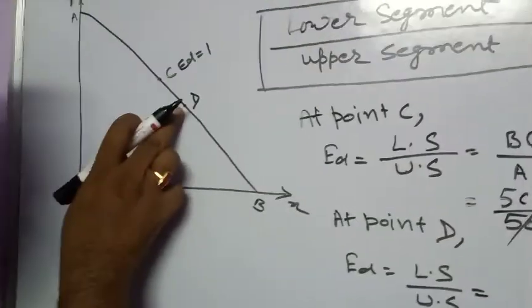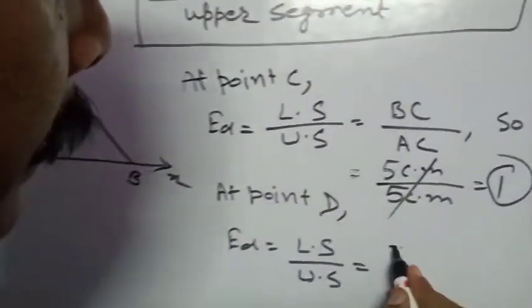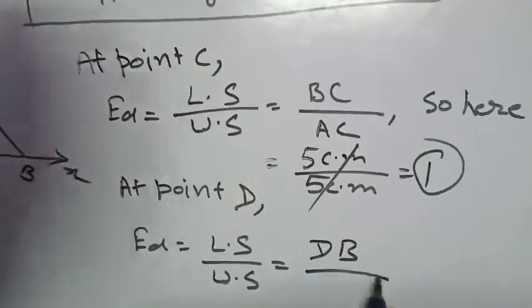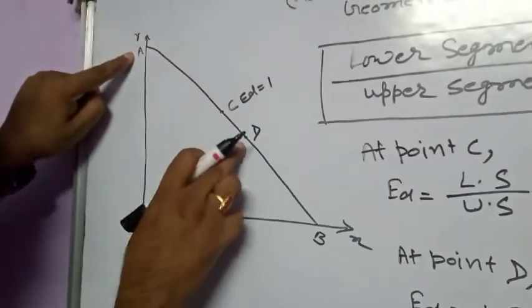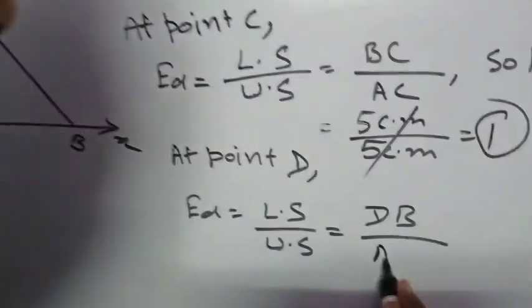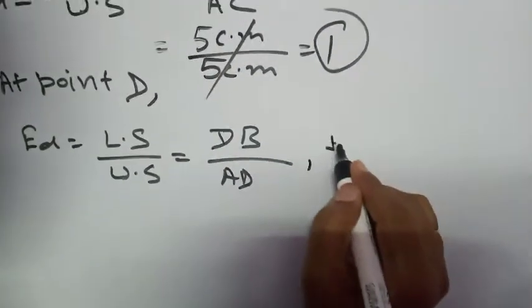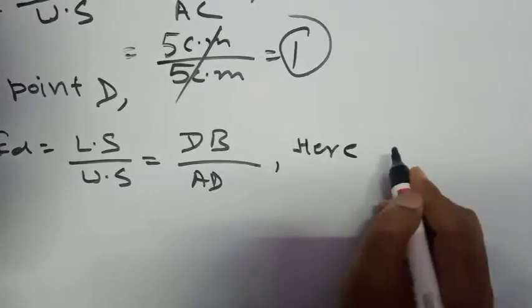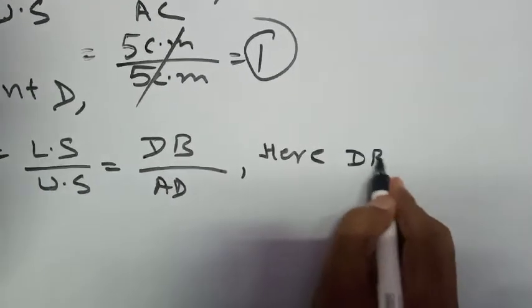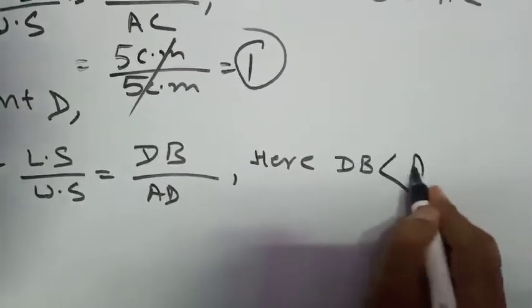So lower segment is DB divided by upper segment AD. So here DB is smaller than AD.